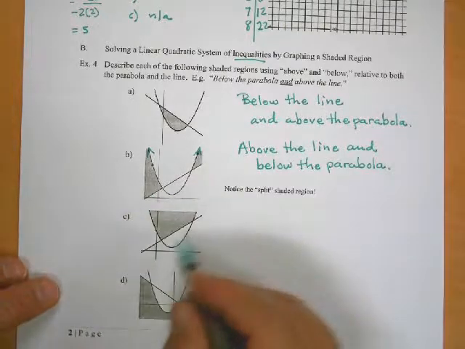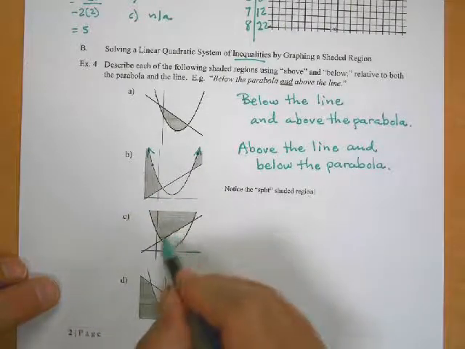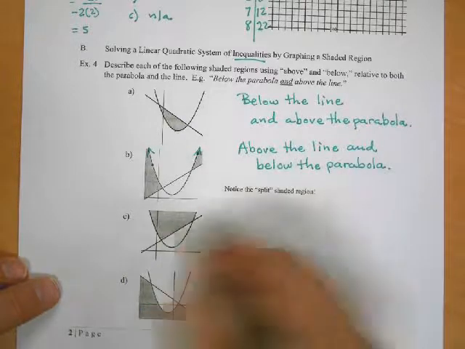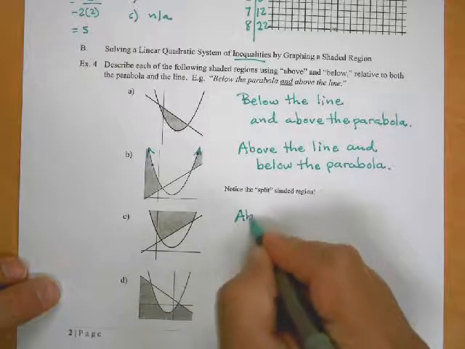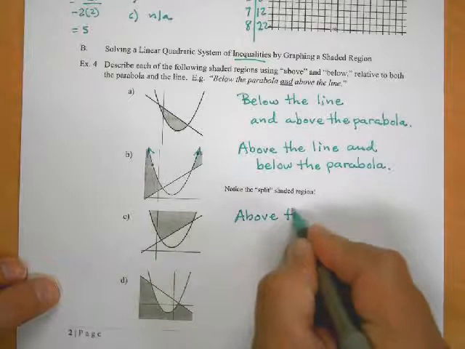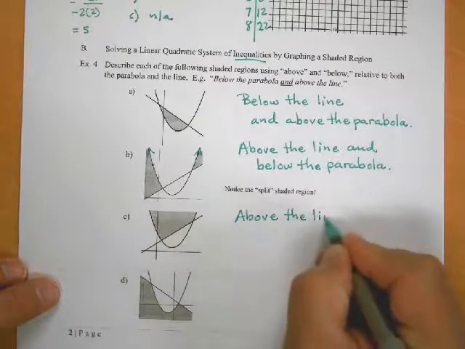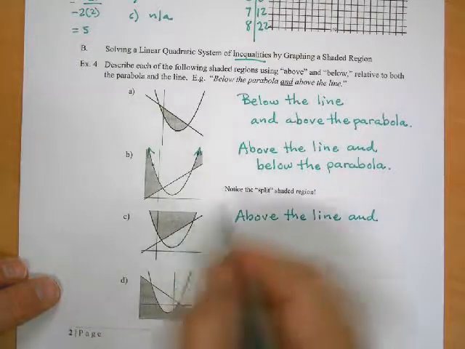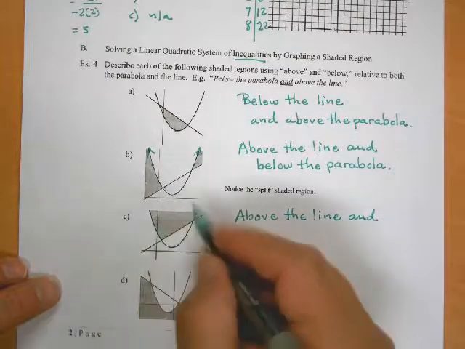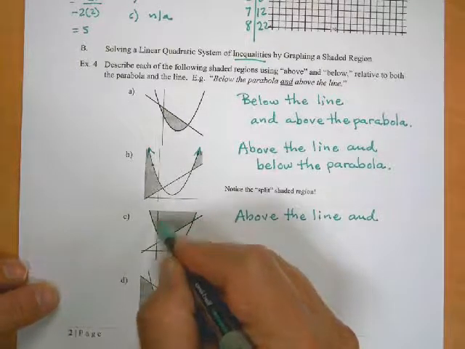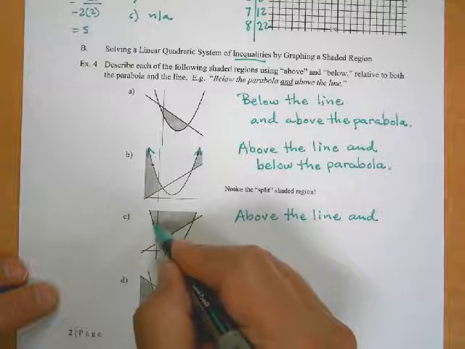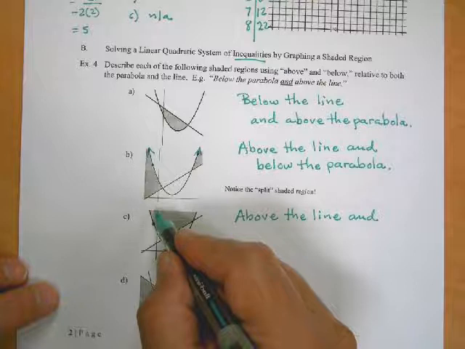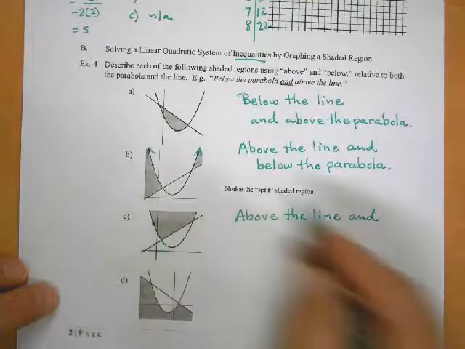Okay, the next one here is above the line and above the parabola. The above the line is usually the most obvious. Once again, if you're confused, is this above the parabola or below the parabola, just simply pick a point on the parabola and decide whether you have to go up, which corresponds with above, or down to get into your shaded region.